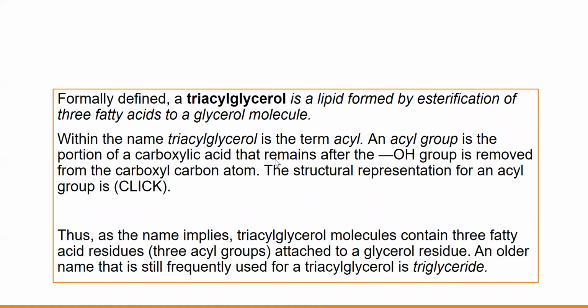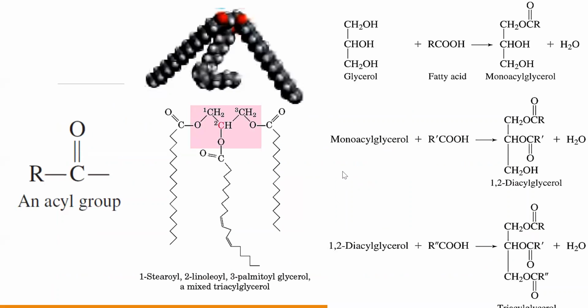Within the name triacyl glycerol is the term acyl, and an acyl group is the portion of the carboxylic acid that remains after the OH is removed. Again, it's an acyl group. You have your carbonyl acyl bond O. This is the ester, but without this O, we call this the acyl group.